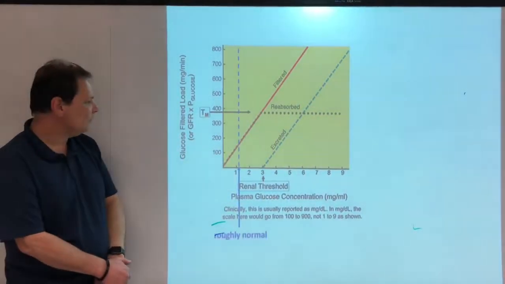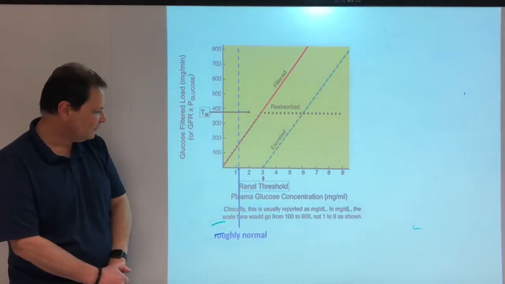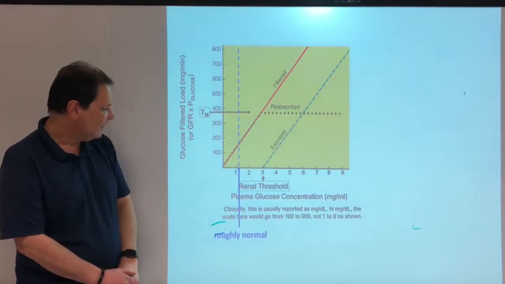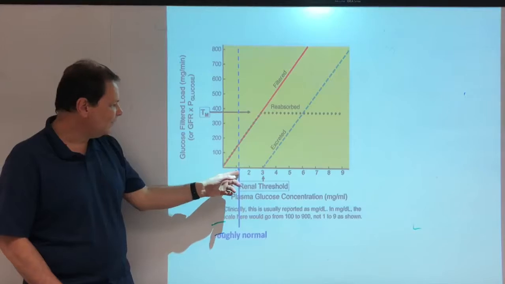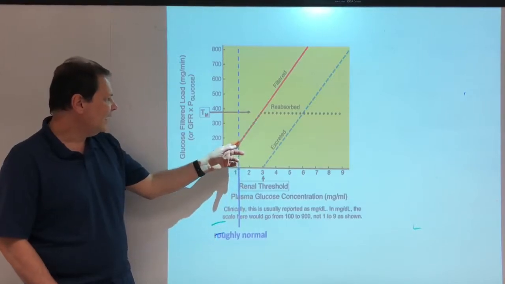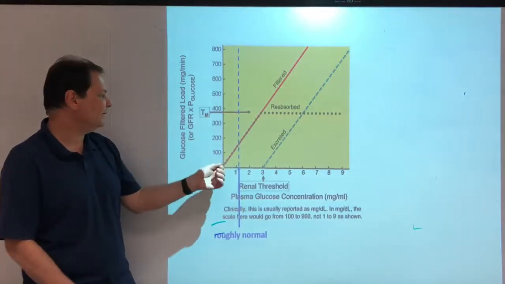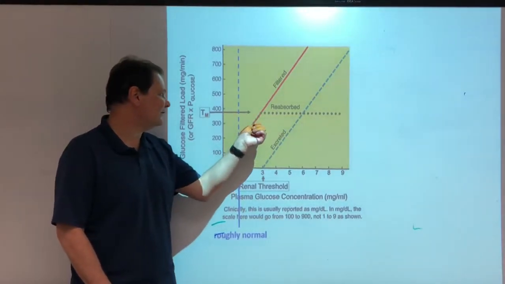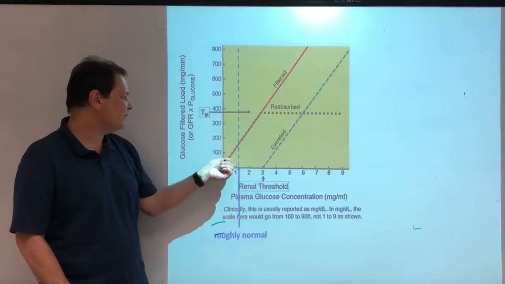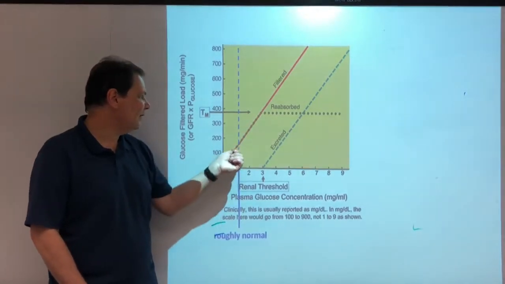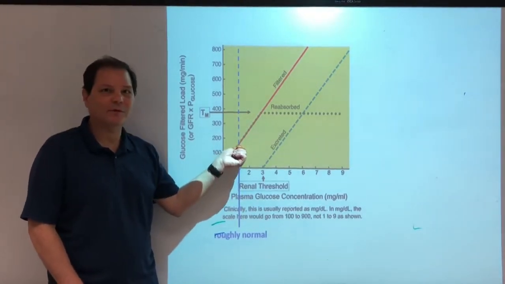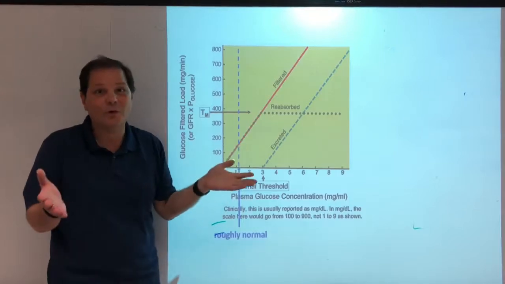So a normal glucose concentration is about 1.2 or so here. What you find is that virtually all of the filtered glucose is reabsorbed, and you can see that the amount filtered is the red, and the amount reabsorbed is the dotted line here. They're superimposed because you're reabsorbing all the filtered glucose, and that's normal.